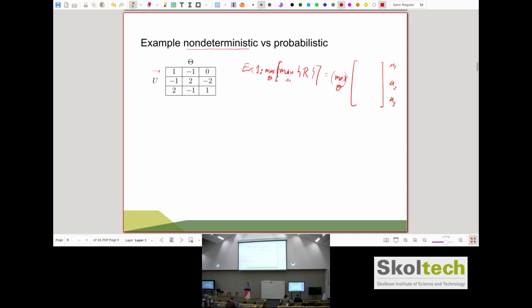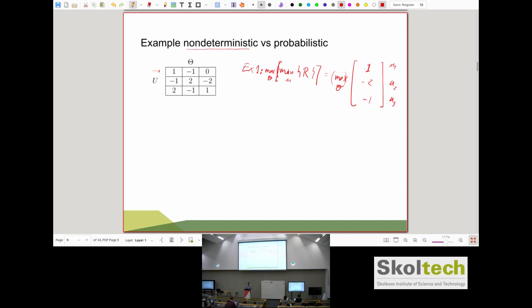Assume that we execute action 1. If we execute this, what is nature going to do? It's going to choose -1. The same happens for this one: it's going to choose -2, and here it's going to choose -1. So now we know what's going to happen if we execute each of the actions.